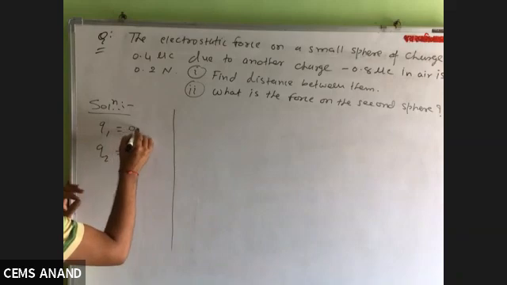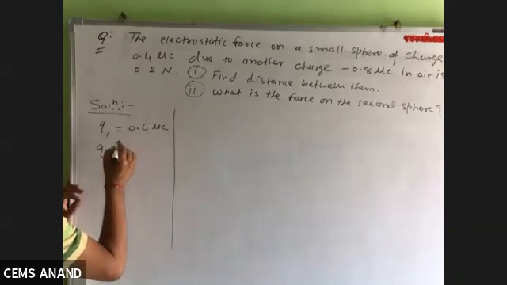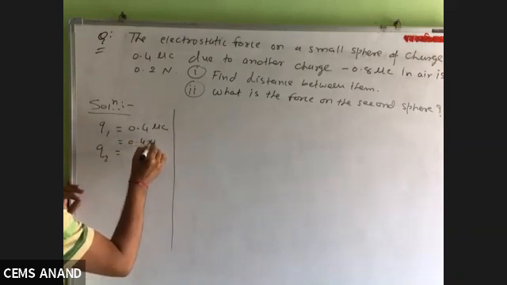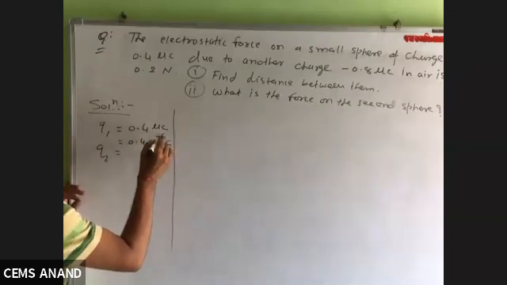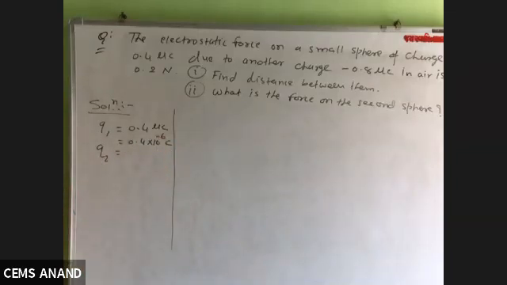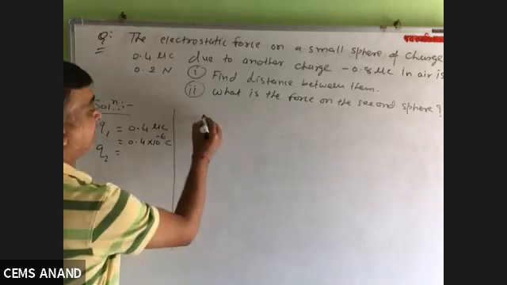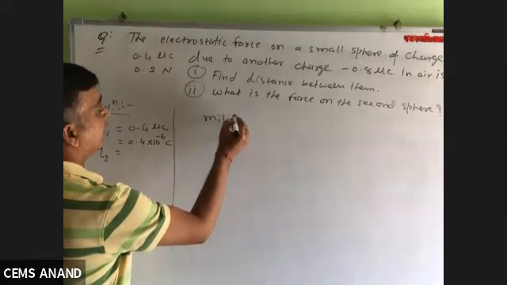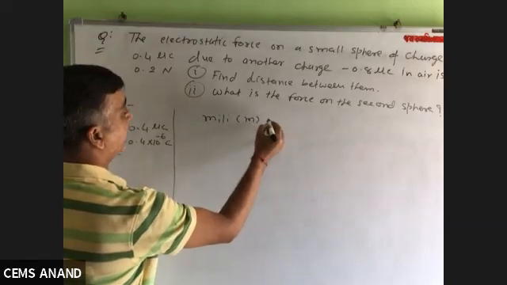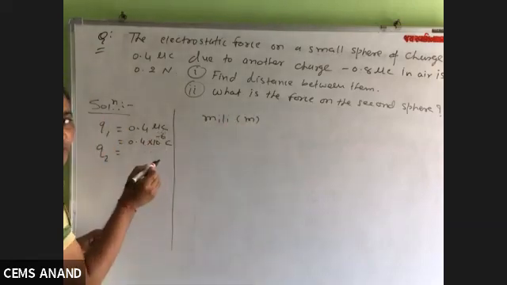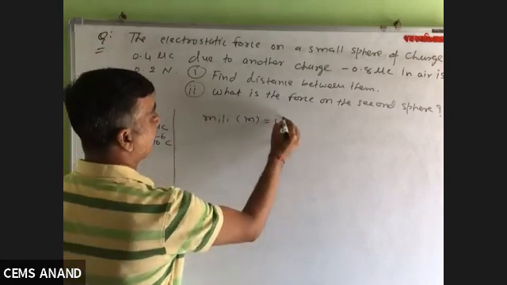Q1 is equals to 0.4 microcoulomb, 0.4 into 10 raised to minus 6 coulomb. Mind well, milli is denoted by m with the main unit. It means minus 3.